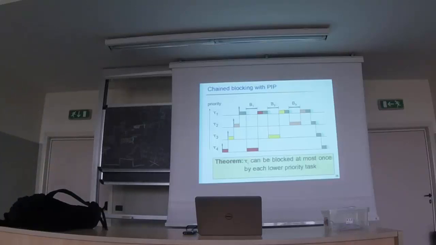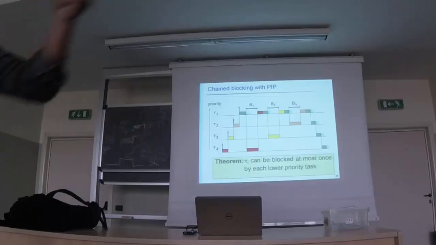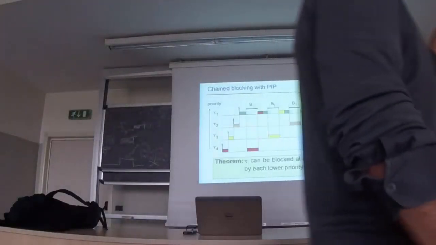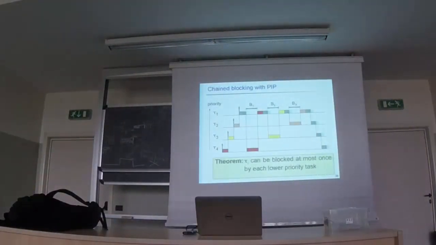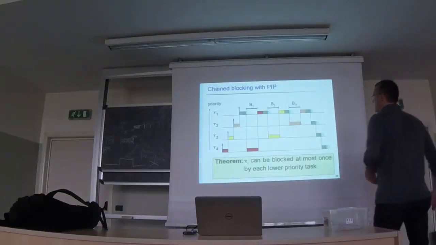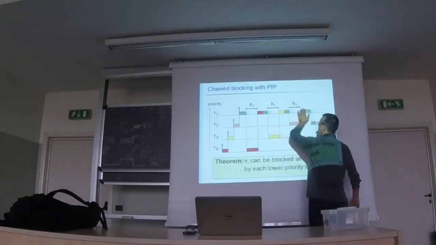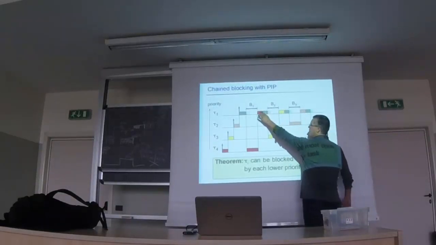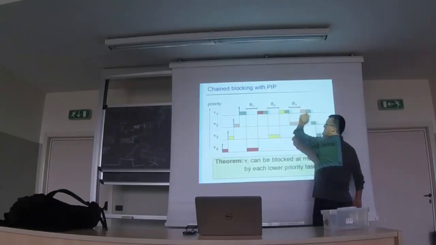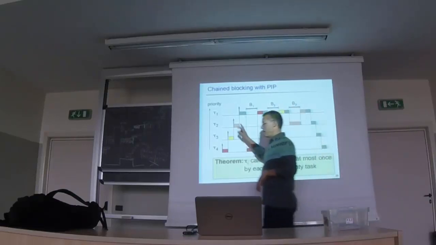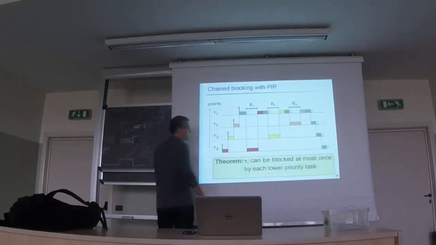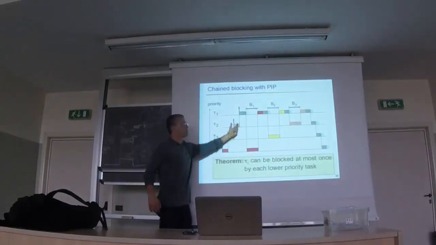The other thing priority inheritance does not help with is repeated blocking, either n times or m times. Here is a case. You may have a high priority task which needs to access multiple different resources, red resource, yellow resource, pink resource, and low priority tasks which each access just one of these resources.